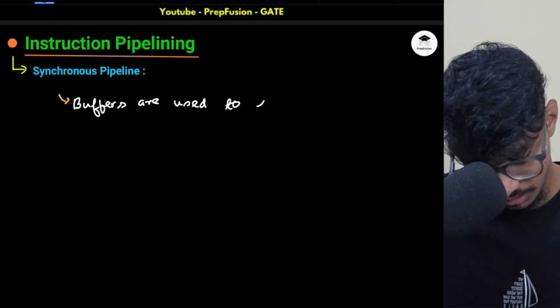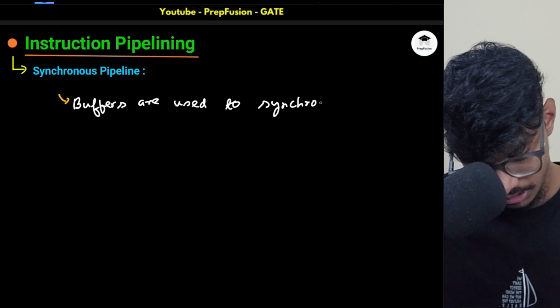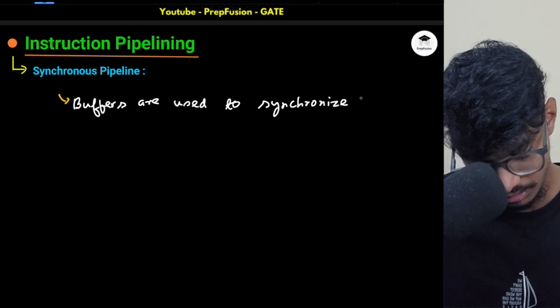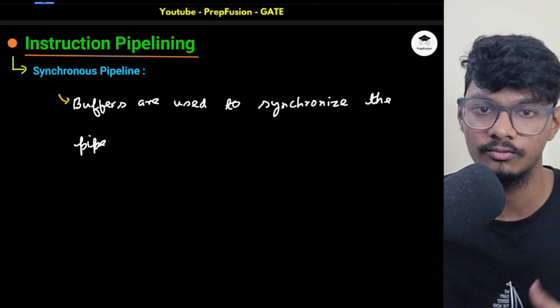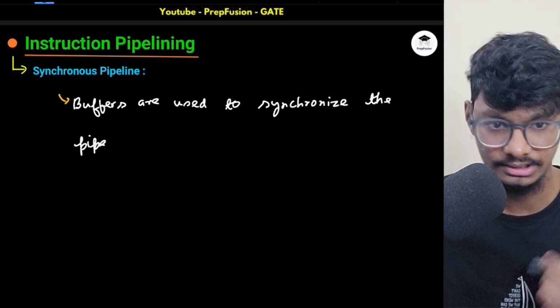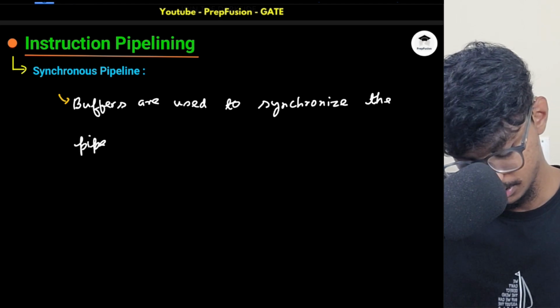They store the data, hold the data, then when it is required by the next stage, they give it back.